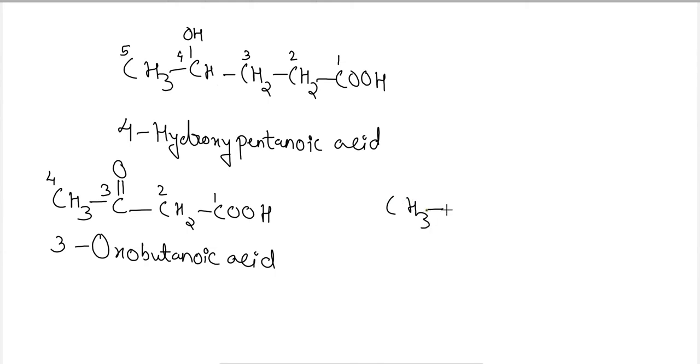One more example, CH3, CH, NH2, CH2, CH, CH3, and an OH group is attached out here. So here we know that OH is more preferential in comparison to the NH2 group. So here the principal functional group will become the alcohol. So the numbering will be 1, 2, 3, 4, 5.